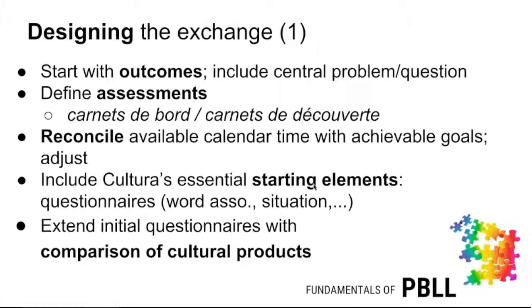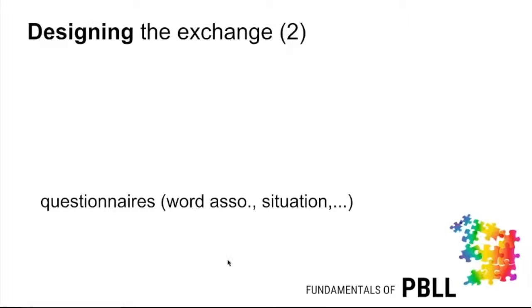And so, aside from that initial starting element, you'll want to extend with a comparison of cultural products, such as images, films, news reports, the results of surveys, and Nicole mentioned the nutritional guidelines from the two countries.